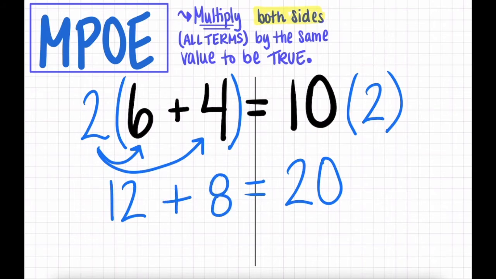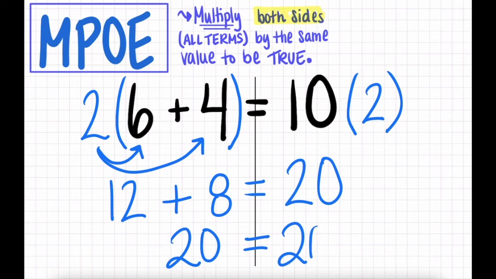Does 12 plus 8 equal 20? Yes, it does, which means now we have a true equation. You may have noticed that's why it says all terms in the definition of MPOE. When you're using the multiplication property of equality, make sure to multiply everything you see in the equation. Otherwise, it will not remain true.